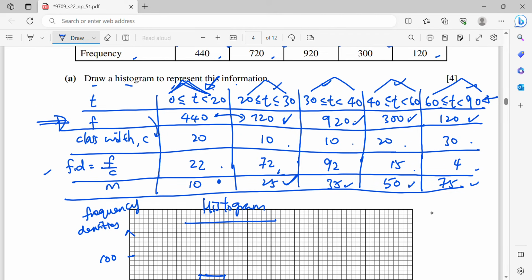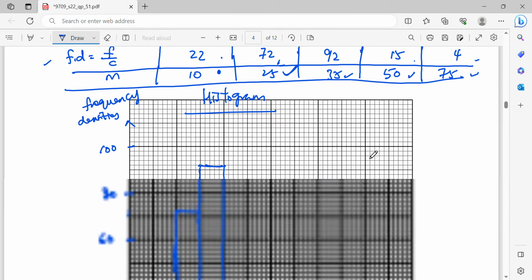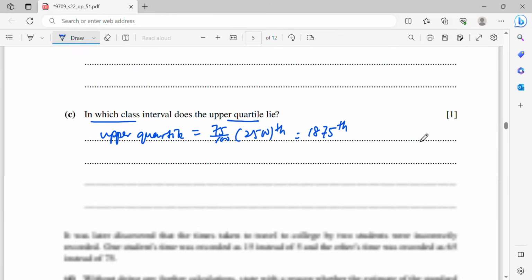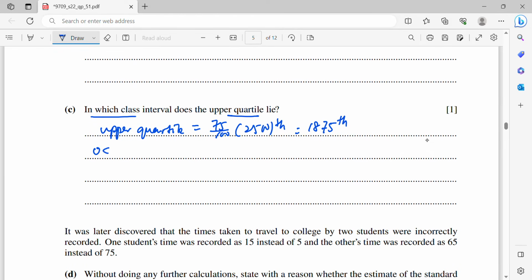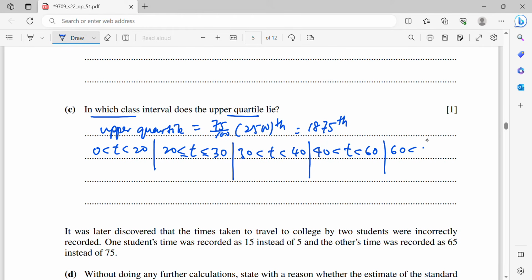You just keep adding. My first class is 0 to 20, then 20 to 30, then 30 to 40, 40 to 60, and 60 to 90.